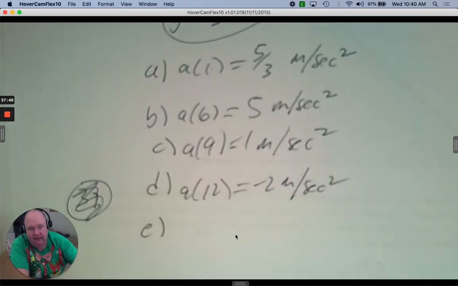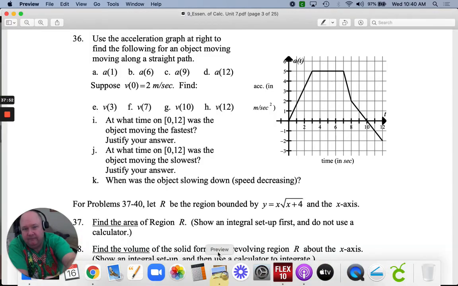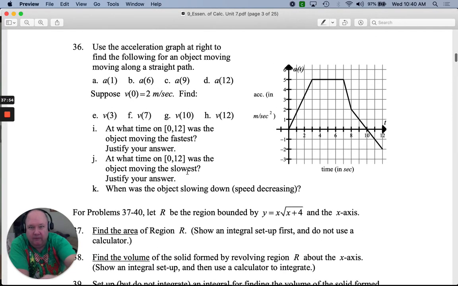Part E, what's the velocity at 3? To find the velocity at 3, you would integrate.